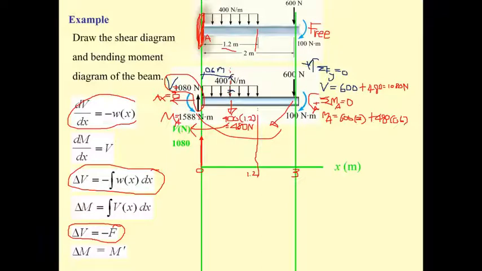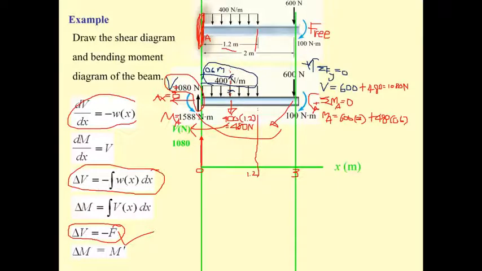That means we start by this one, and then here we come from the point A inside it, and then we find the distributed load.